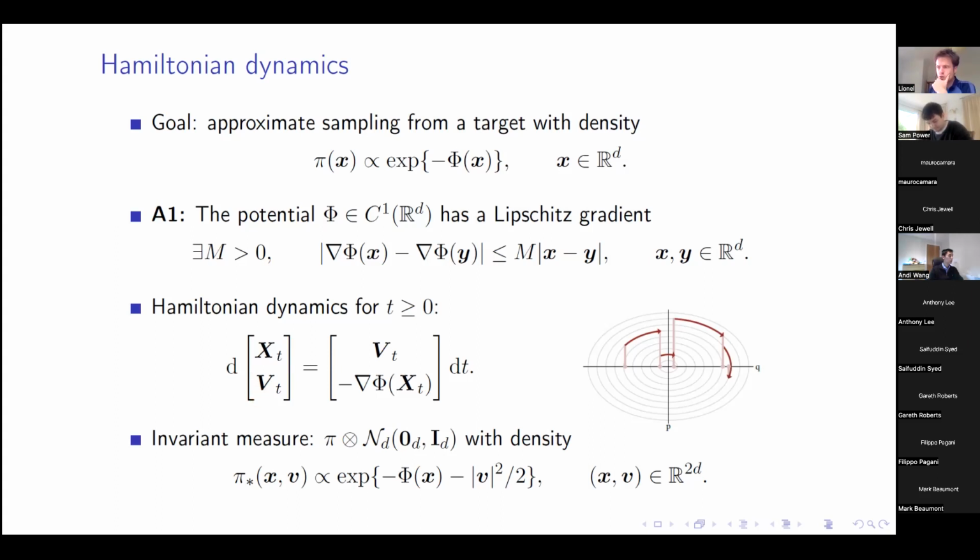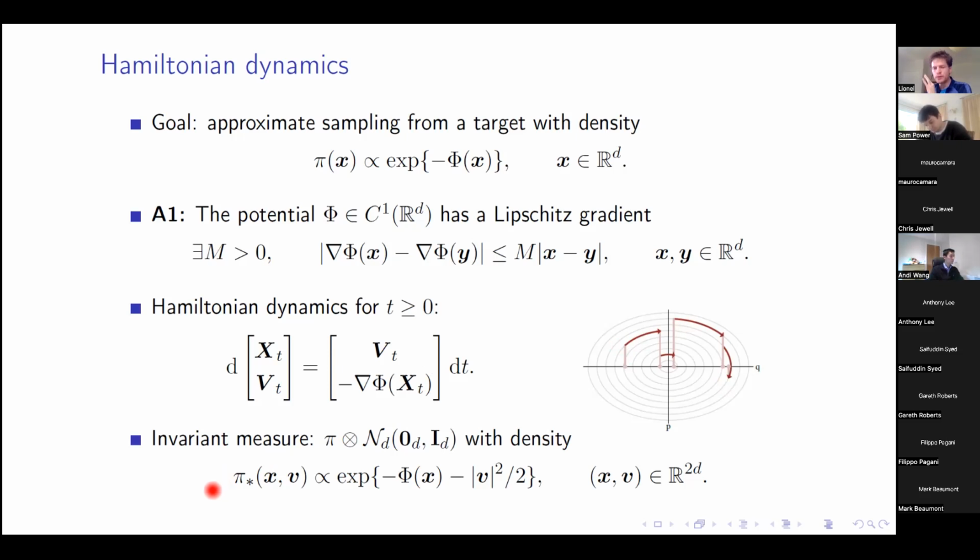And so what happens is that if you start from (x0, v0), these dynamics will somehow force you to follow the contours of the density on an extended space on R^2d. And this density actually boils down to this density pi star here, which is simply the product between the target density pi and a Gaussian density for the velocity.